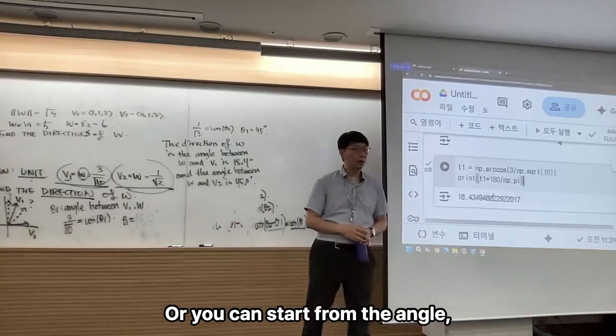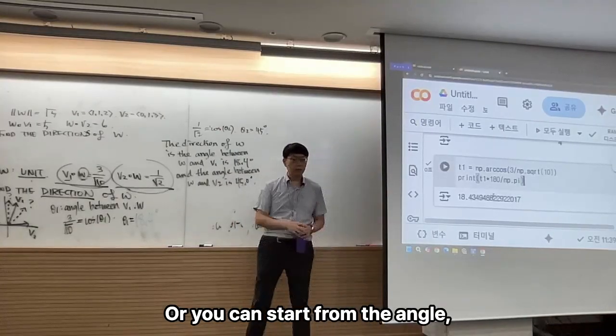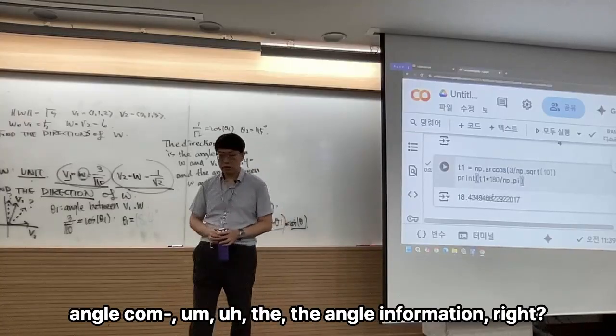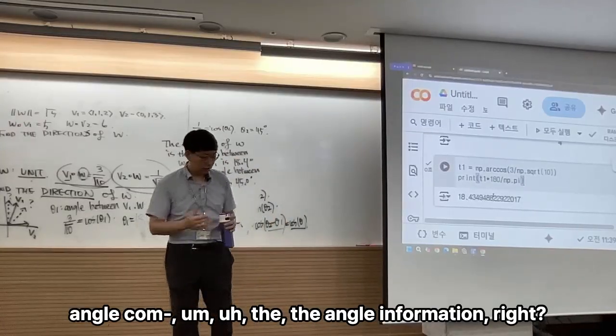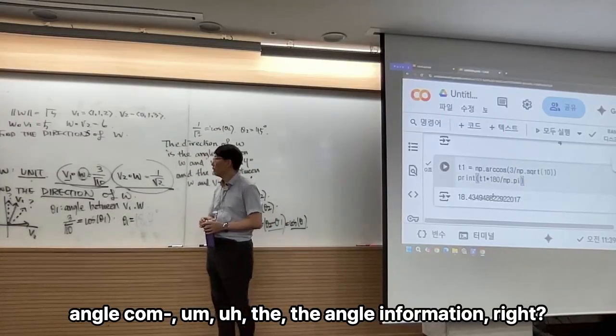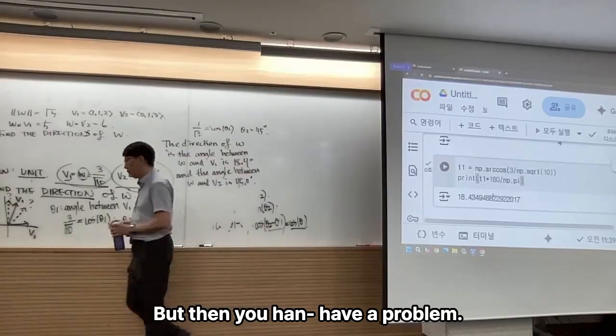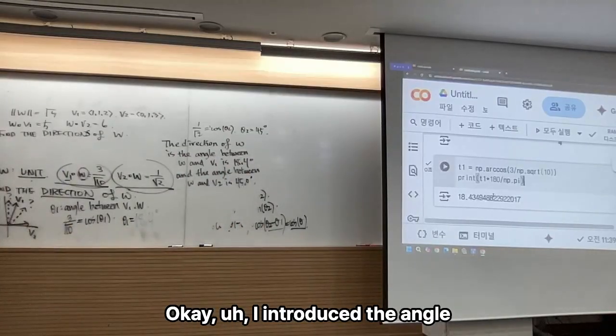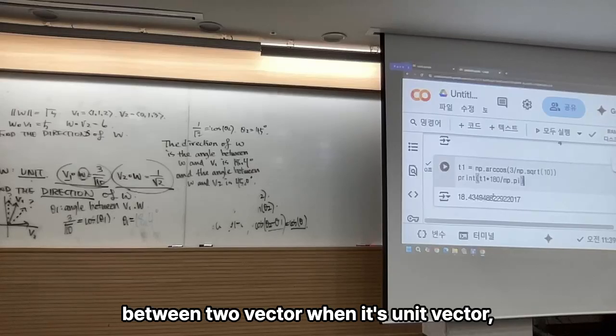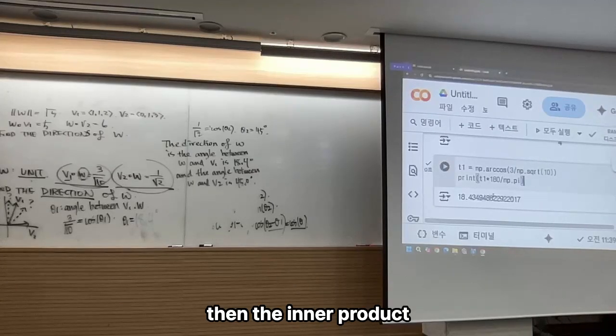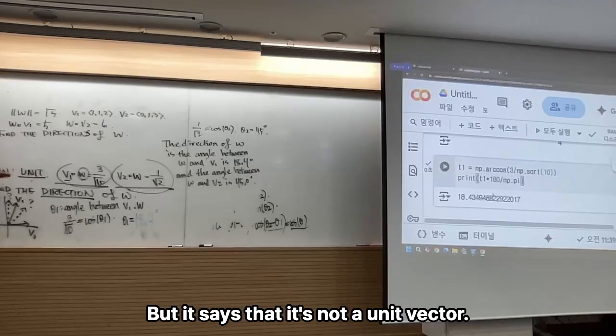Or you can start from the angle information, right? But then you have a problem. I introduced the angle between two vectors when they are unit vectors, then the inner product is cosine theta. But here it's not a unit vector.